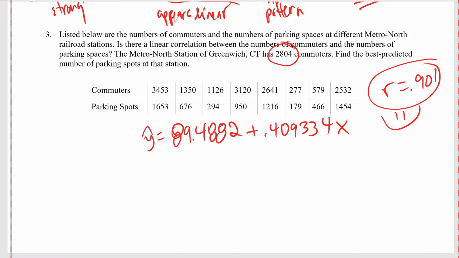What if this has 2,804 commuters? Can we predict how many parking spots we should have?